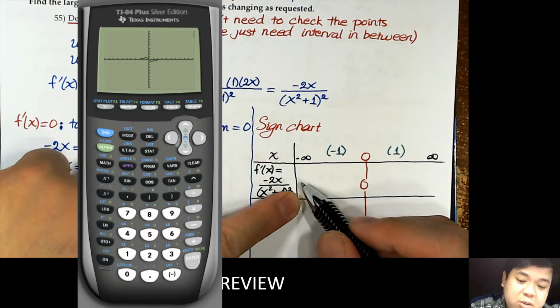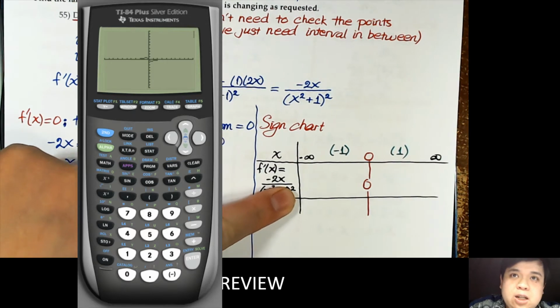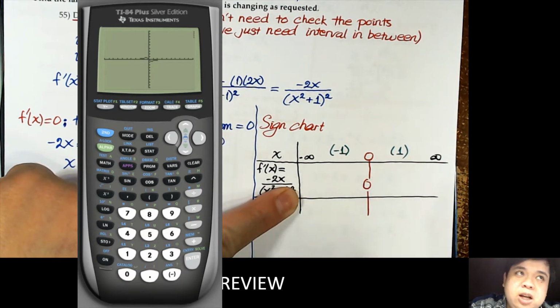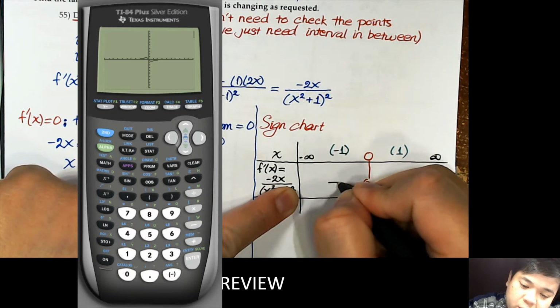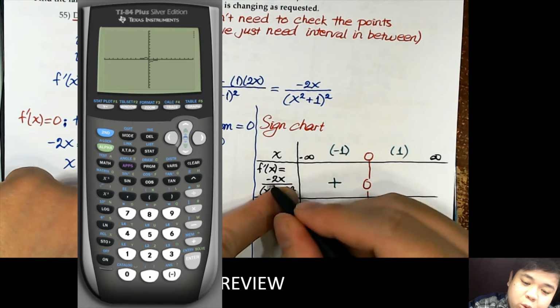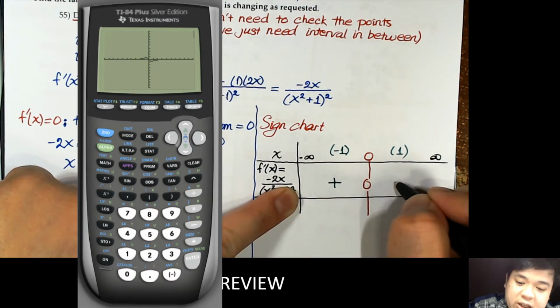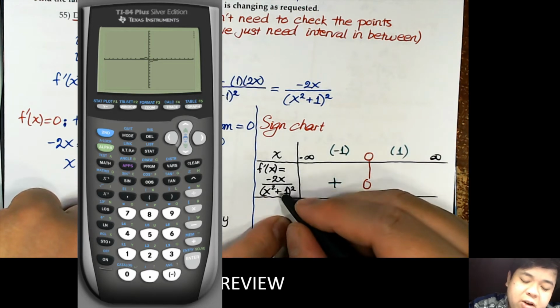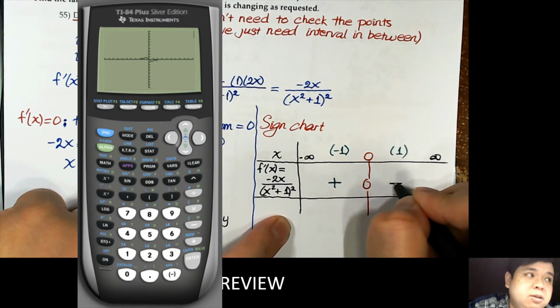So the bottom doesn't matter what we put in it, it's going to be positive. If you put negative 1 on the top, negative 2 times negative 1 is positive. So this is going to be positive. And if we put 1 in here, that will be negative on the top. The bottom is always positive. Negative divided by positive is negative.